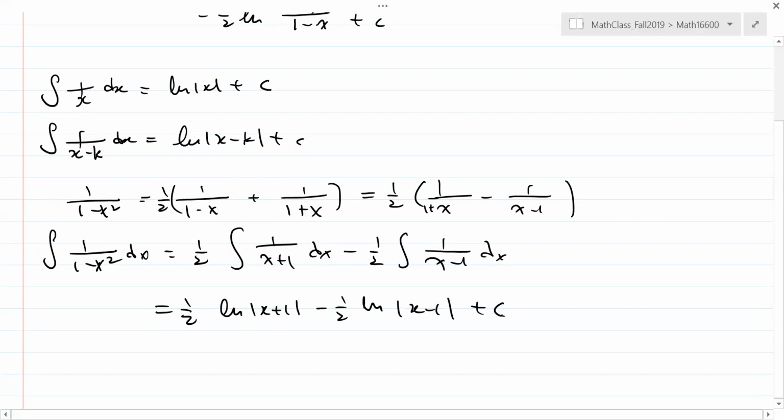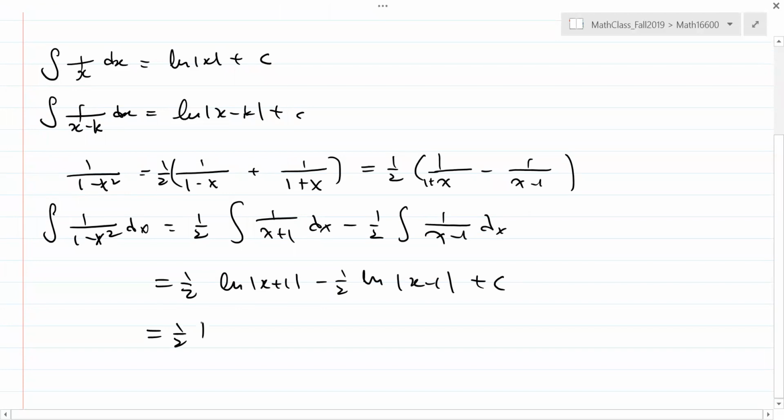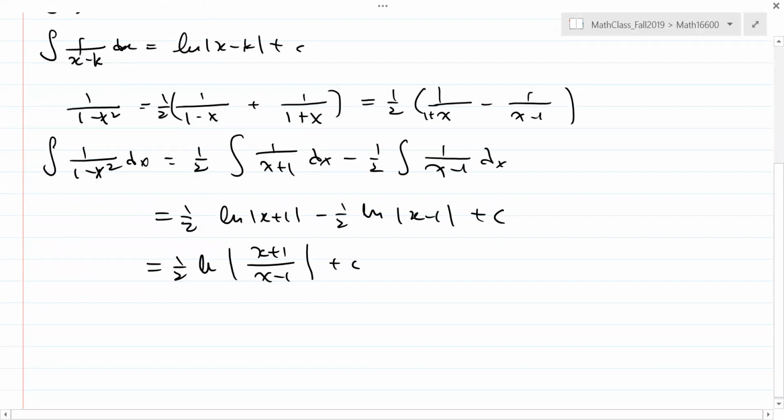First of all, we have the absolute value symbol there. Then I can put them together. I get the log of absolute x plus 1 over x minus 1, plus constant. Since it's inside the absolute value, you can change it to 1 plus x over 1 minus x. It's the same, no difference. But if absolute x is smaller than 1, this whole fraction is positive.